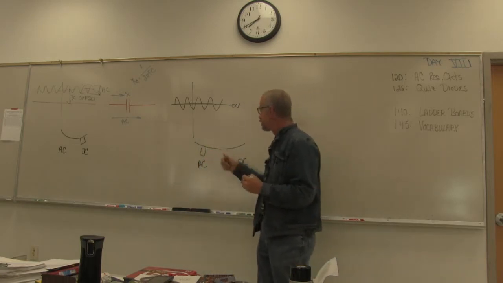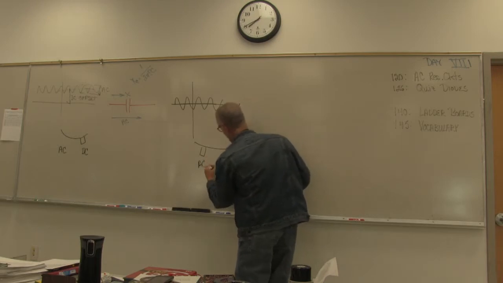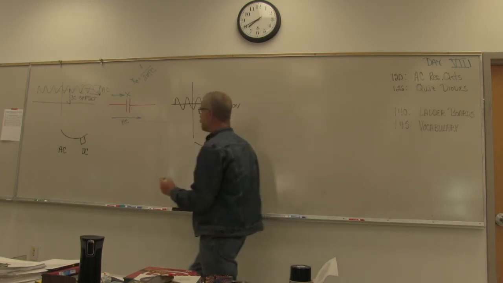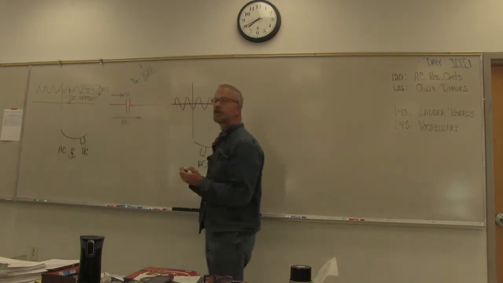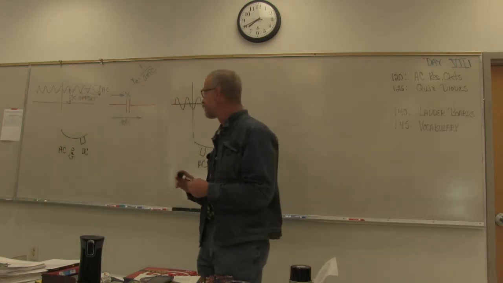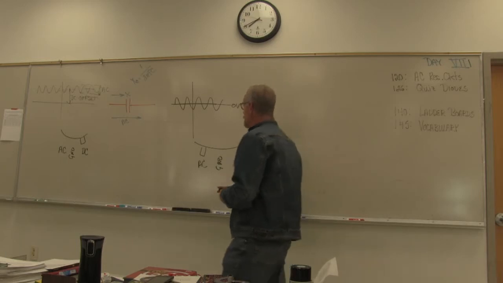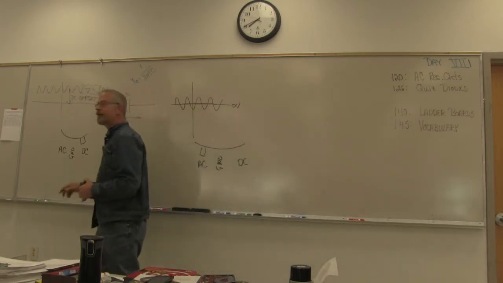Okay, so when you move that switch, and then of course the middle is what? Ground. The three-position switch that you have on the scope, that's what it does, it gets rid of the DC component.